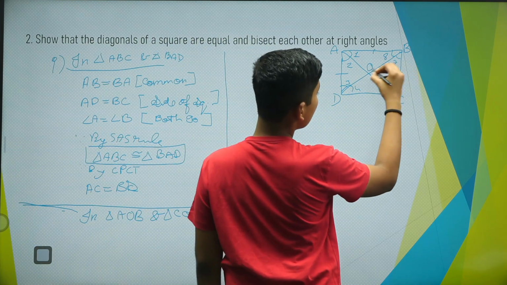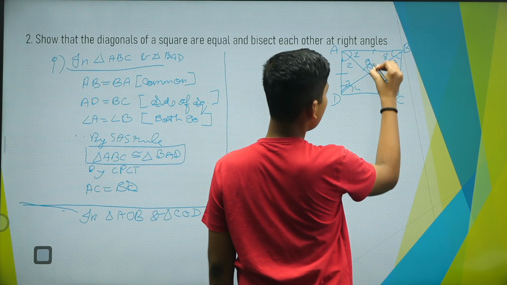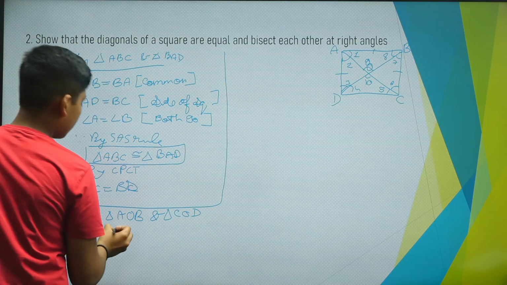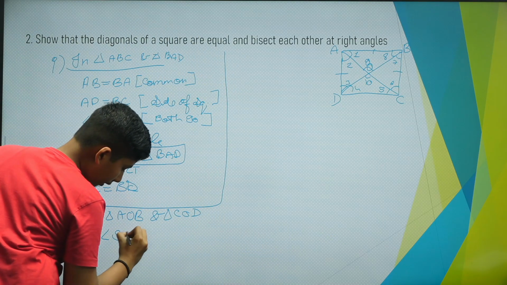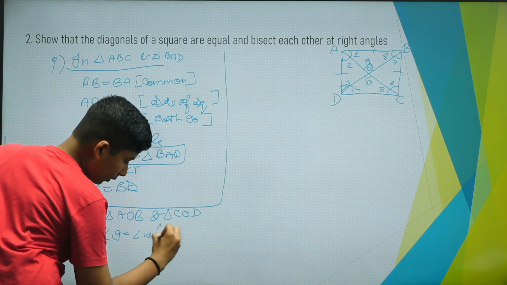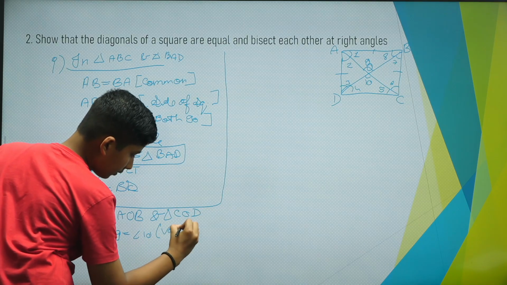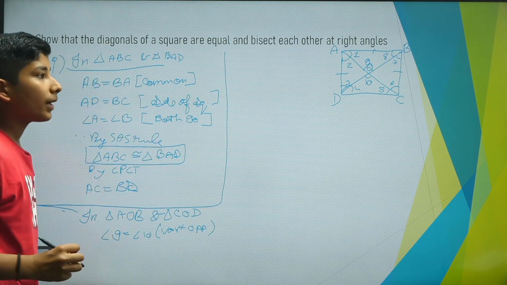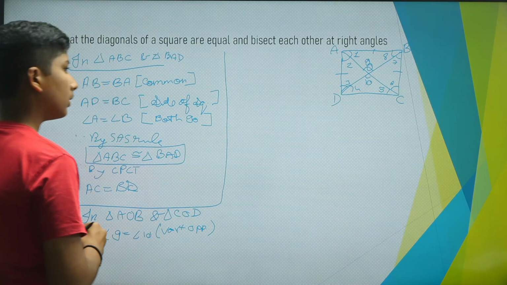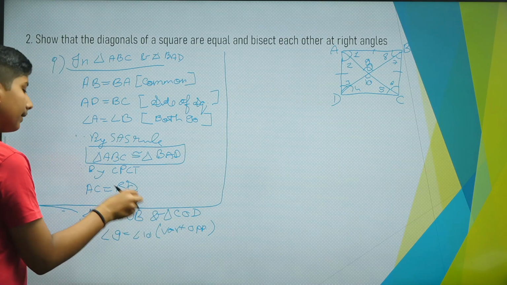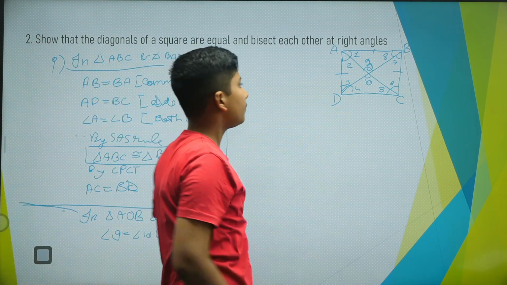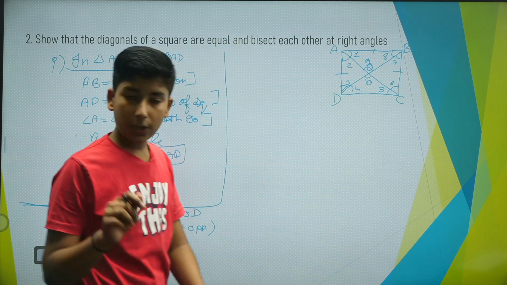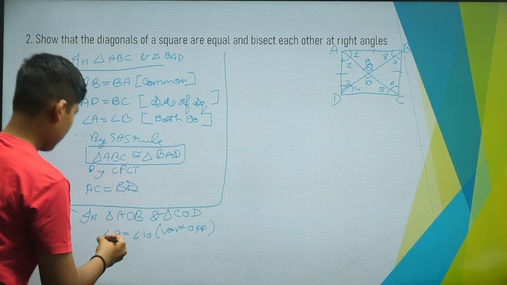Let this be 8, this be 9, and this one be 10. So angle 9 equals angle 10, vertically opposite. Vertically opposite angles. Now what else can we see over here? Yes, angle 1 equals angle 5 as alternate interior angles.